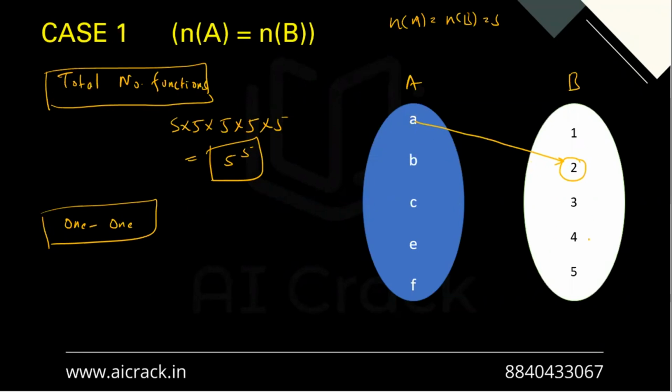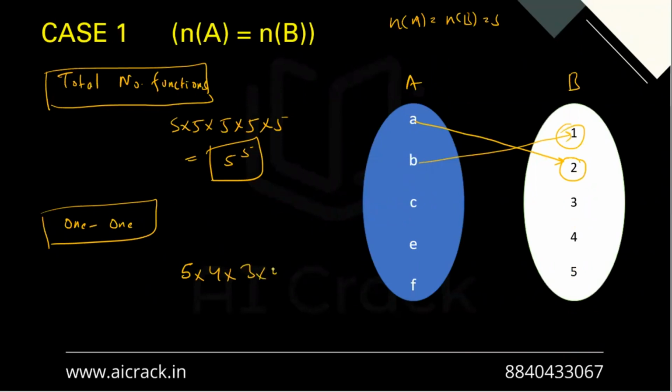It can map to 1, 2, 3, 4, or 5, right? But once any one element is occupied, B has only 4 choices. It can either map to 1, 3, 4, or 5, right? So it has 4 choices. Similarly, let's say B is mapped to 1 over here, now these two are occupied. We have got only 3 elements left.